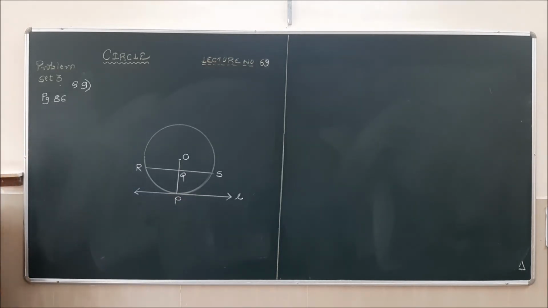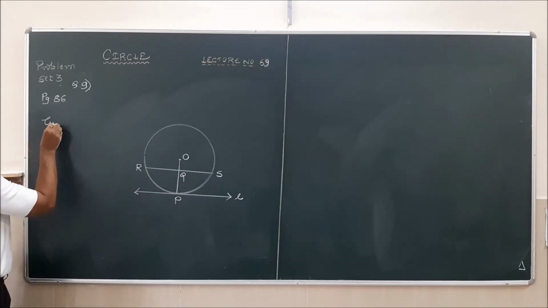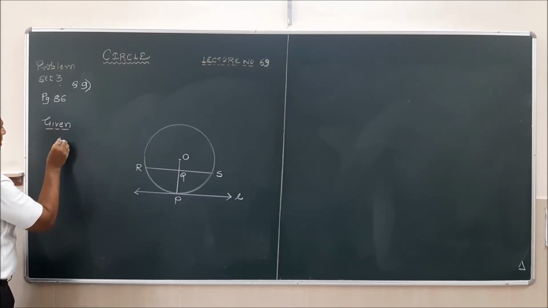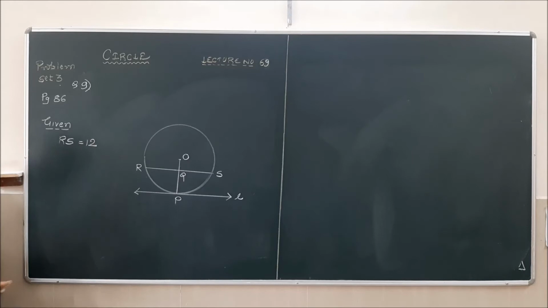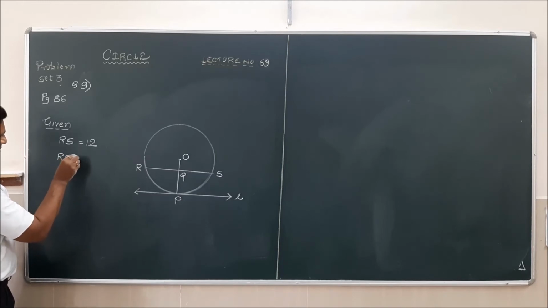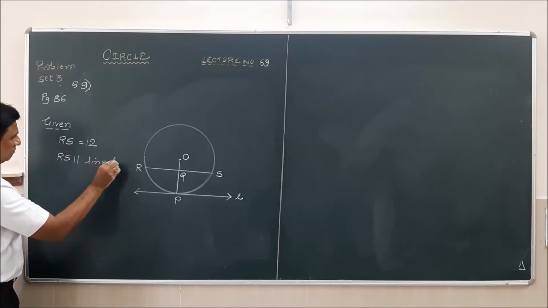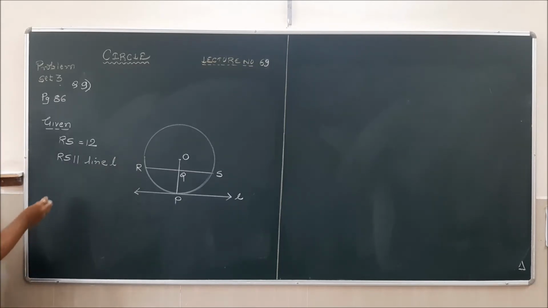Then the question asked is: if RS is 12 given, units are not given, and RS is parallel to L, find the radius of the circle.